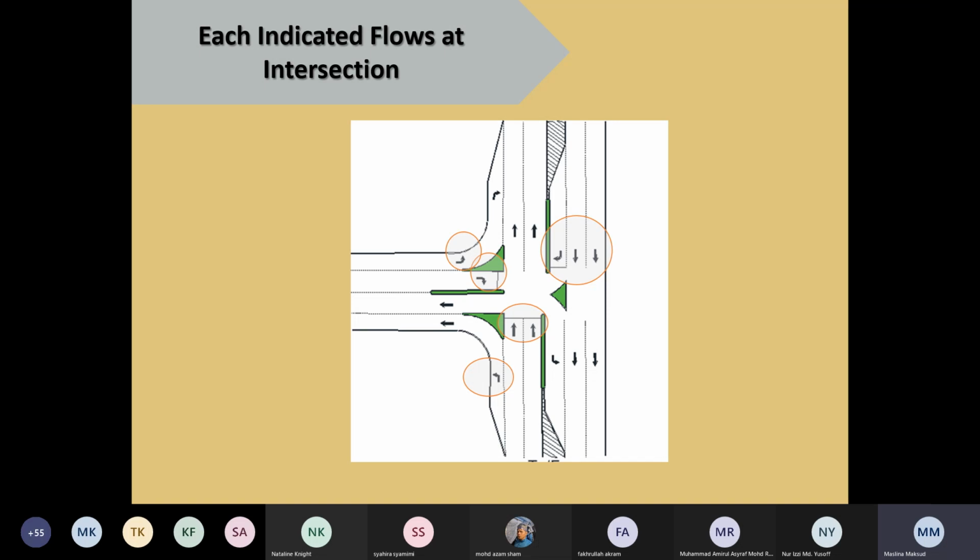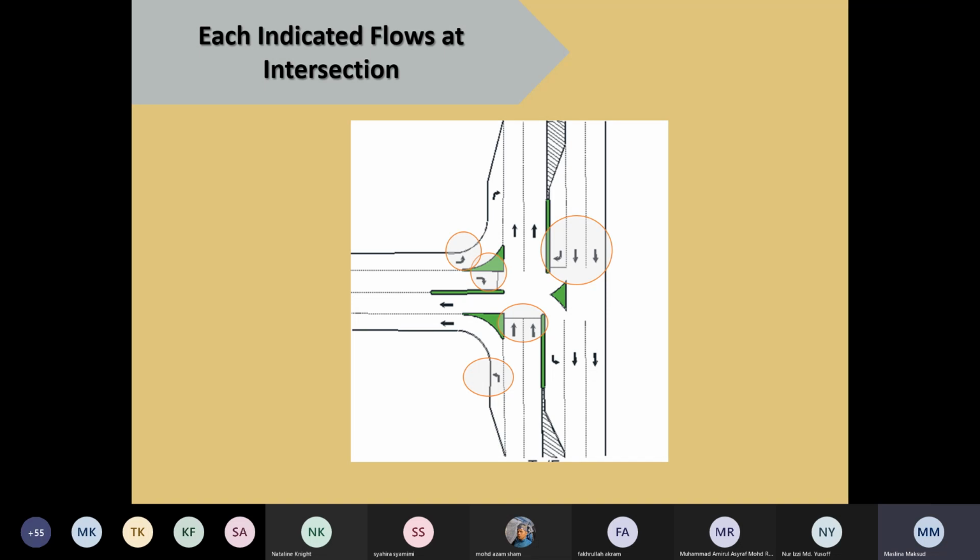As you can see, at the approaching lane for the northbound, we have these two indicated flows, which is you can turn left and you can go straight. During this traffic count, you need to identify each vehicle going through each indicated direction too.